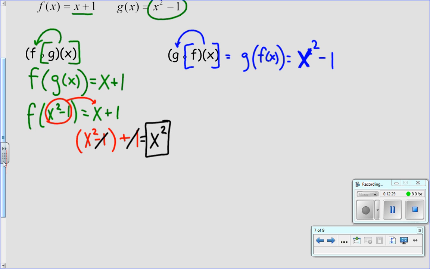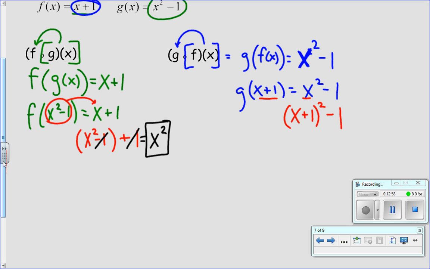And what's f of x? X plus 1. So we put an x plus 1 into my x here. So it's x plus 1 goes in for this. I've got to square it now. Minus 1. Can anyone square that without having to write it down? What do you think that's going to expand out to?